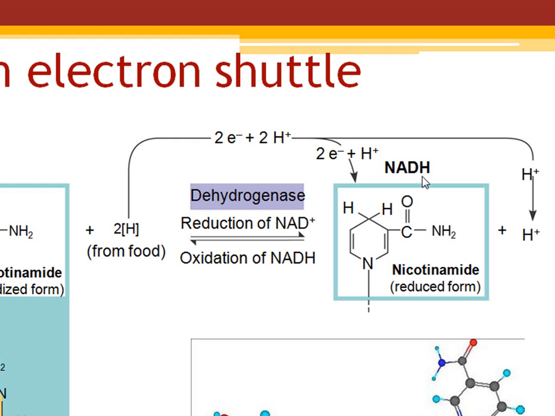But there is still one proton left over, hanging out on the end. So when we say that NAD plus is reduced, it is now reduced to NADH plus another proton, a hydrogen ion, or H plus.